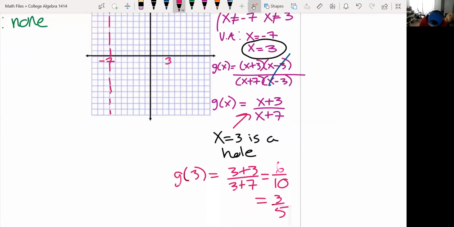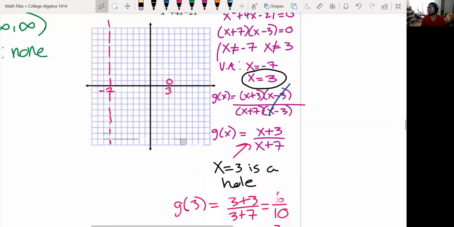So somewhere around there. So once again, if you cancel a piece of your denominator out, that vertical asymptote now becomes a hole in the graph.